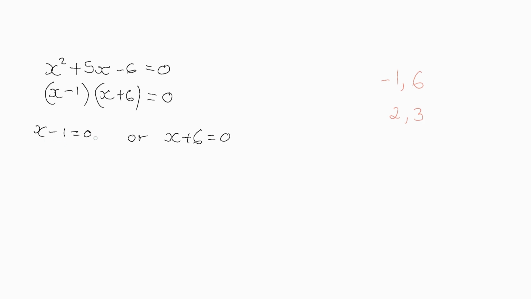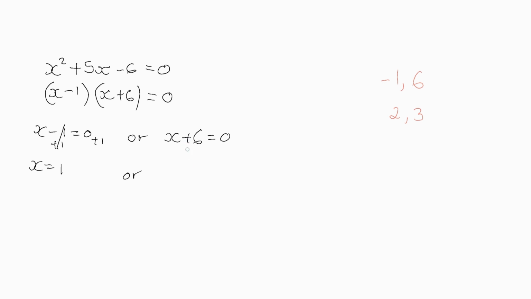Now with this x minus 1, we have to solve for x by adding 1. When we add 1 on the left hand side, we also have to add 1 on the right hand side. So this will cancel. Then we have x is equal to 0 plus 1 is equal to 1. Also here we have to solve for x.